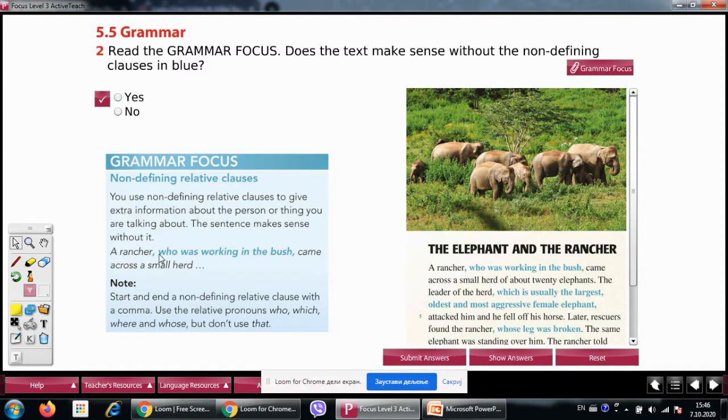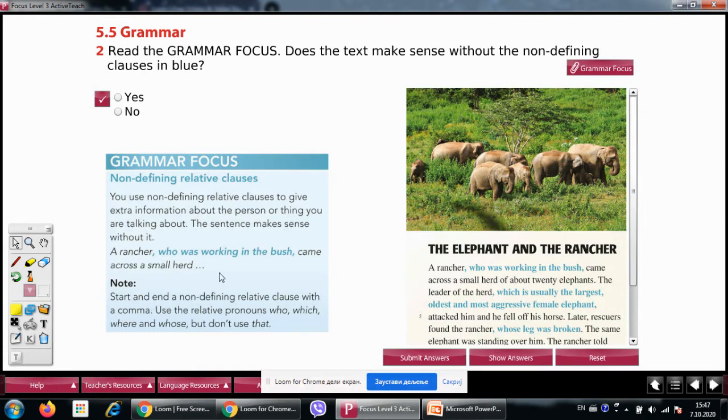So if we remove this clause here, the sentence would be like, a rancher came across a small herd. So it makes perfect sense, but here we have some extra information that the clause is giving us about a rancher, as we said here.